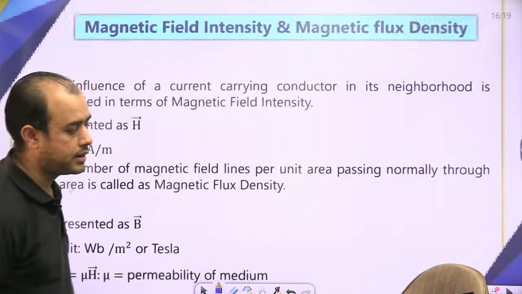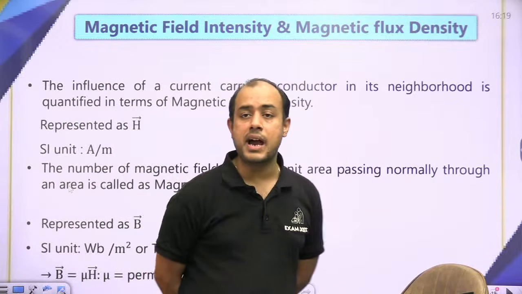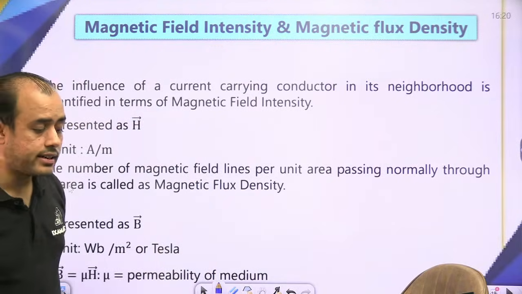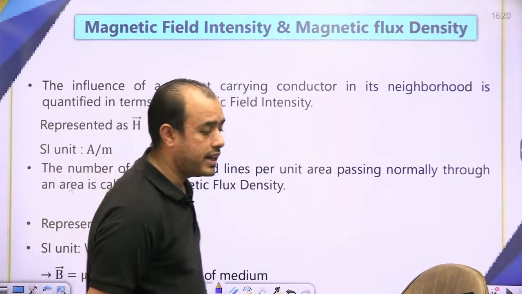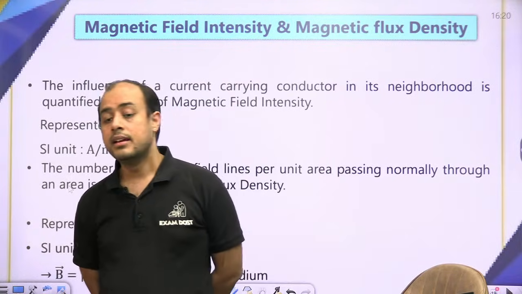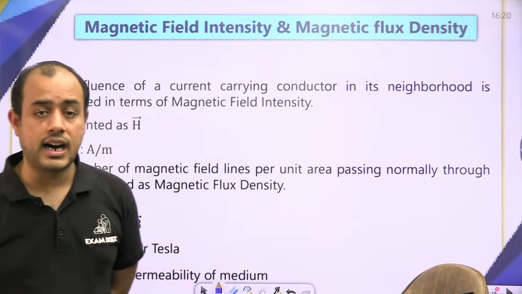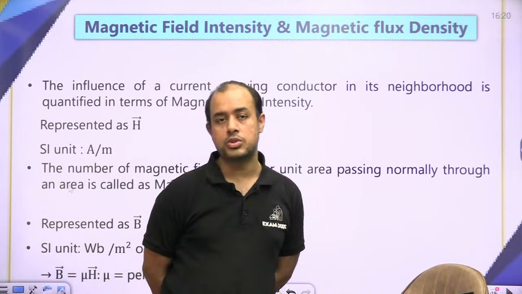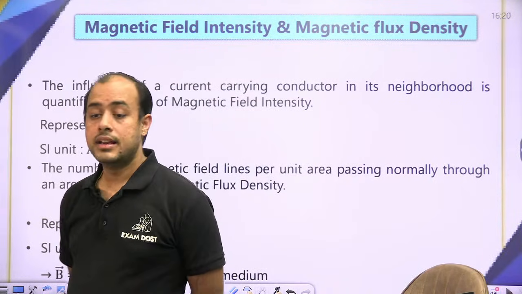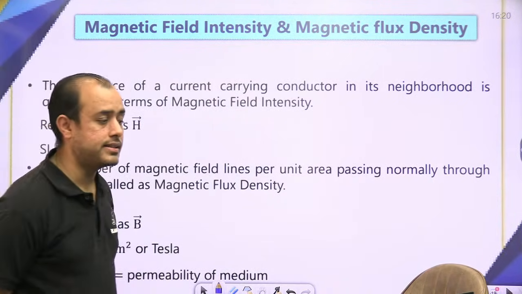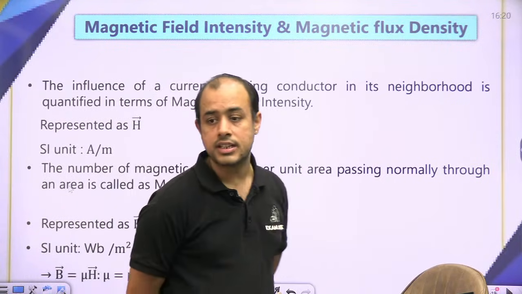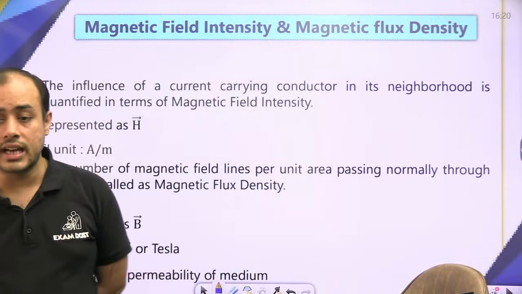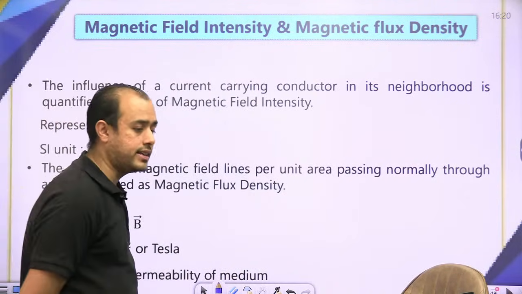Let's move on. Now what is magnetic field intensity and magnetic flux density? Just like in electric field intensity, I told you, whenever there is a charge present, there is the influence of the charge in the region around the charge. Because of that, whenever there is influence of charge near the charge, that is known as electric field, and how much the influence is is known as the field intensity.